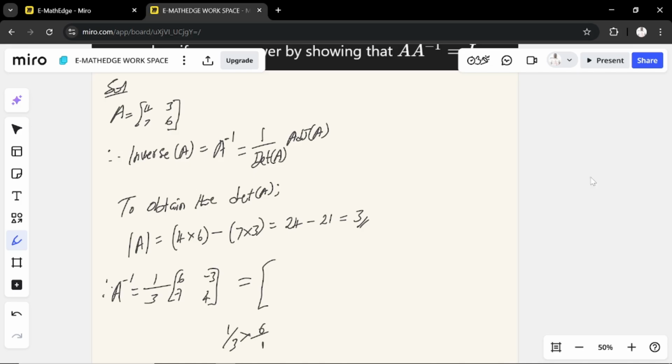We can convert this to 6 all over 1, such that 1 multiplied by 6 is going to give us 6 all over 3 multiplied by 1 is going to give us 3. If we simplify further, 6 divided by 3 is going to give us 2, right? Why?